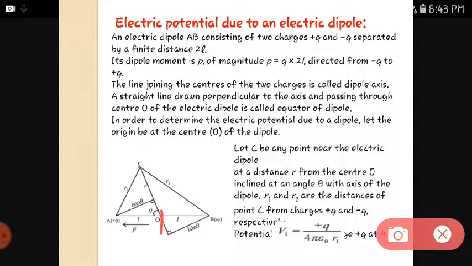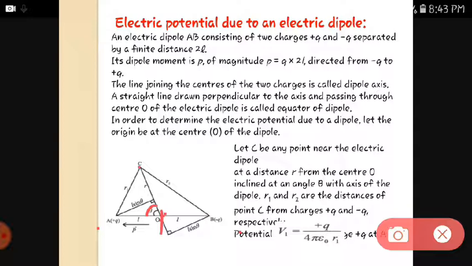C is the point situated at a distance R from the center O. It is inclined by an angle theta with the axis of the dipole. R1 and R2 are the distances of point C from A and B. I am saying it very slowly because you have to know all the things related to the diagram.